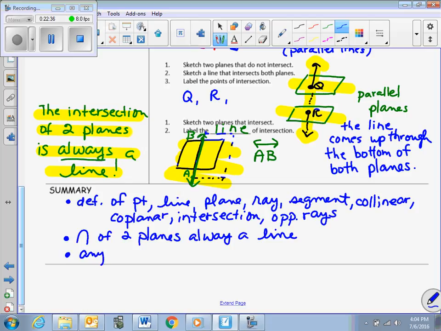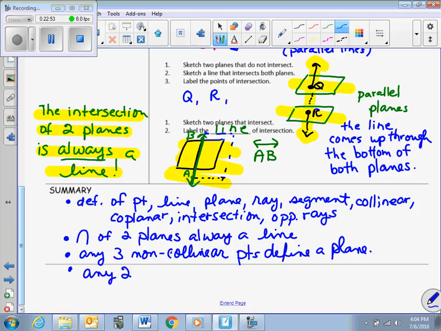Any three non-collinear points define a plane. And finally, any 2 points define a line. Okay, now there may have been a few other things you learned, hopefully, but this is a summary.